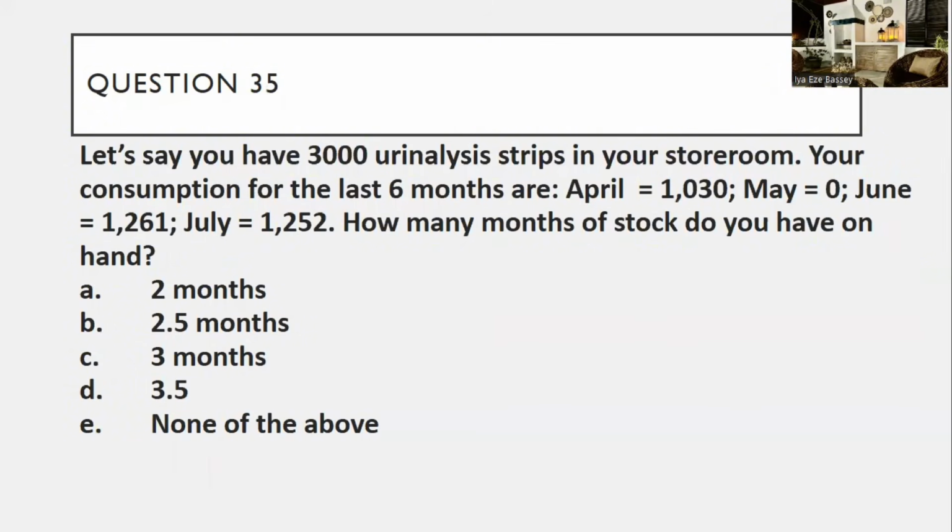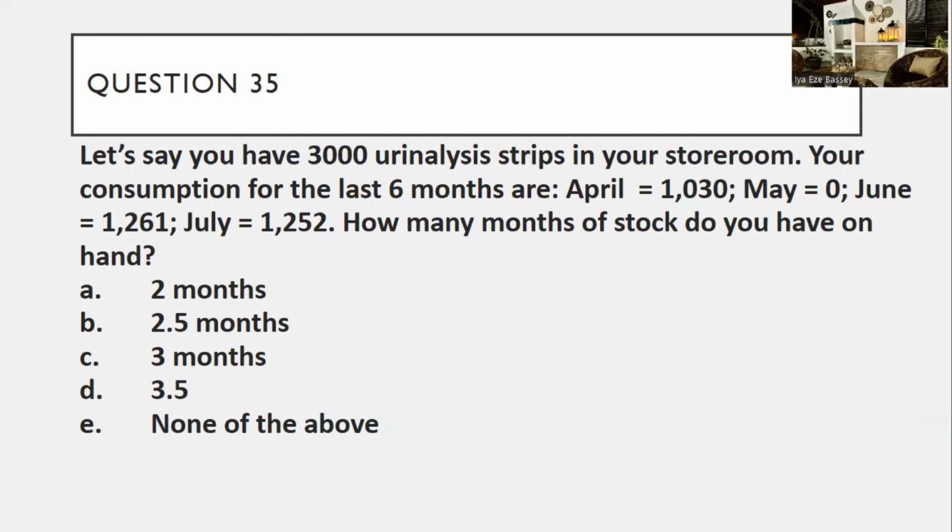35, let's say you have 3,000 urinalysis strips in your storeroom. Your consumption for the last 6 months is shown below. How many months of stock do you have? What you're going to do is calculate your average monthly consumption using the last 3 effective months. So you add July, June, and probably April together, then divide it by 3.